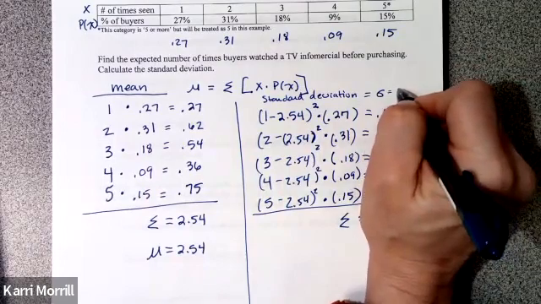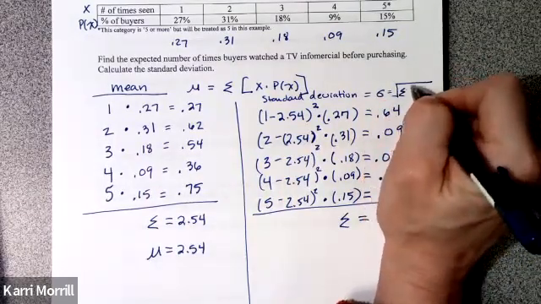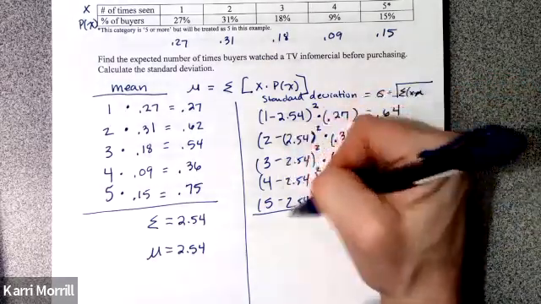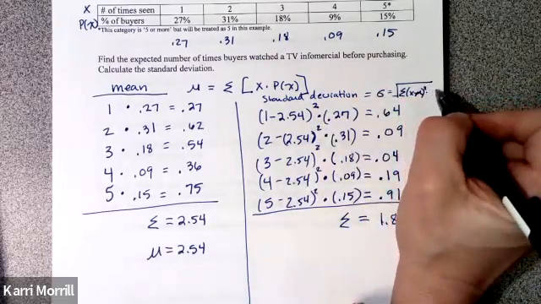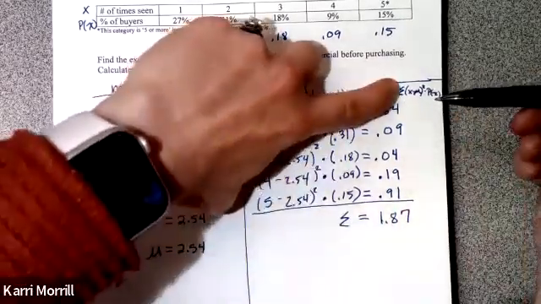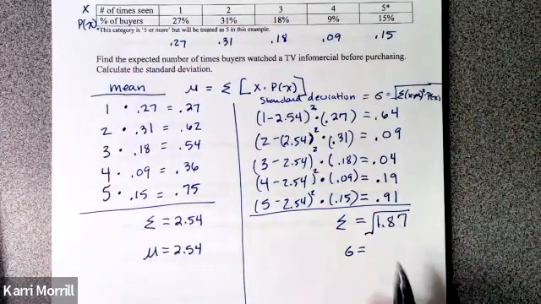You're taking the square root of the sum of your x minus your mean. So that's what we did here. Our x minus the mean, we square it, then we multiply it times the probability of x. So I've done all of that work underneath. Now I just need to take the square root of it to find my standard deviation.